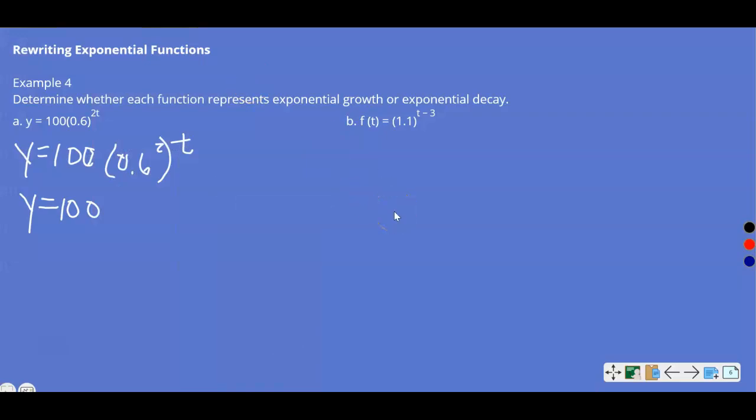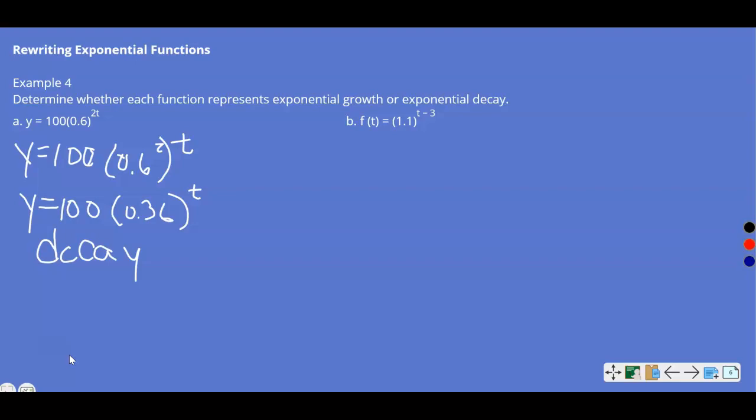So 0.6 squared is 0.36, and that's still raised to the t power. So it says, does this represent exponential growth or decay? This number here is less than 1, so that means it is a decay function.